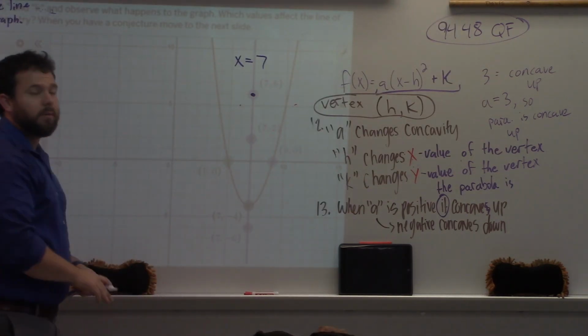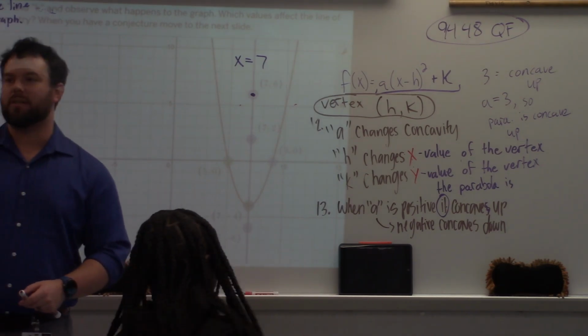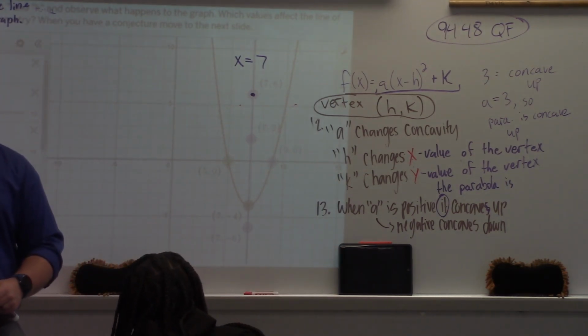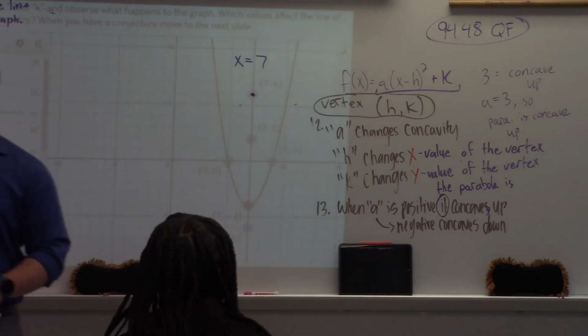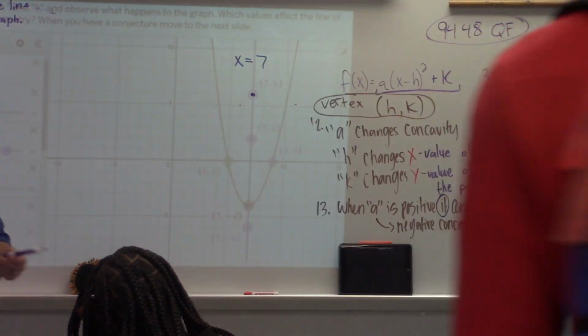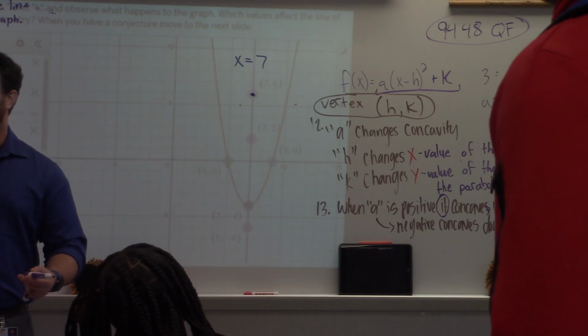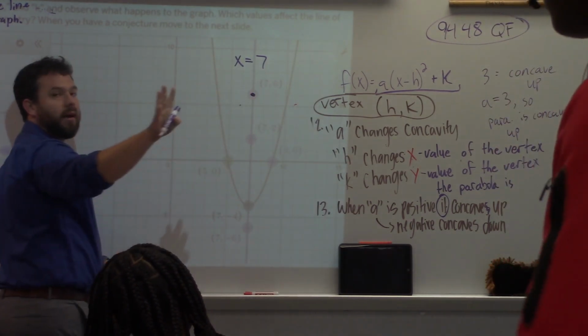When I took Algebra 1 and geometry, I had to just memorize that x equals gave me a vertical line and y equals gave me a horizontal line. That never made sense to me, because the y-axis is vertical and the x-axis is horizontal. Here's why. If I say x equals 7, it doesn't matter what y is.